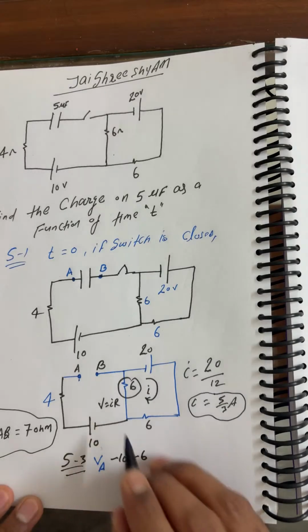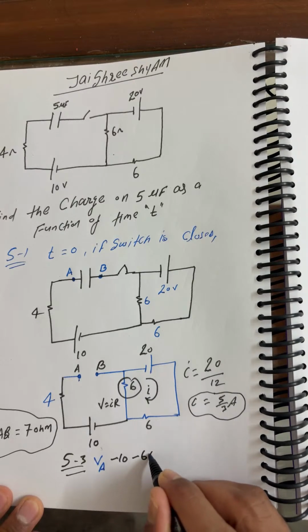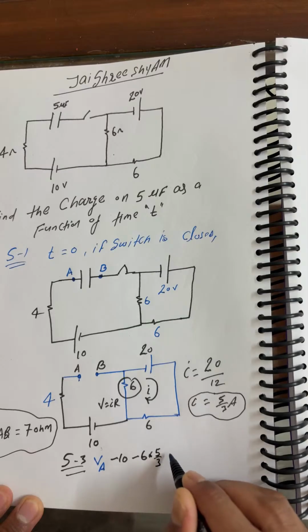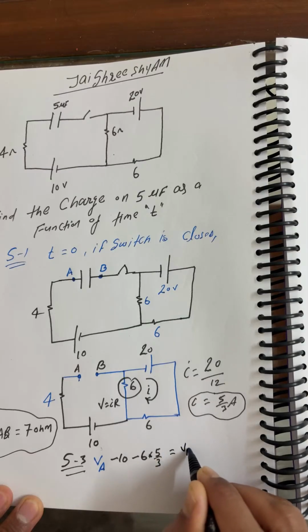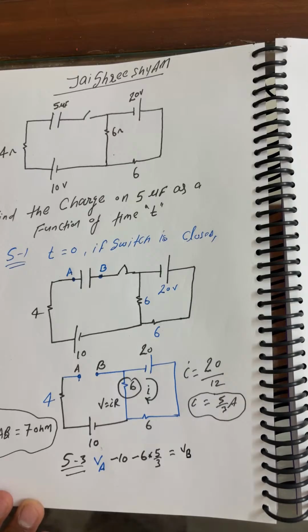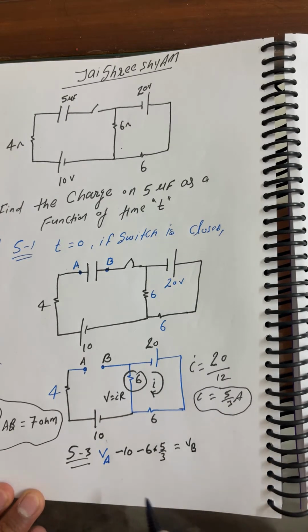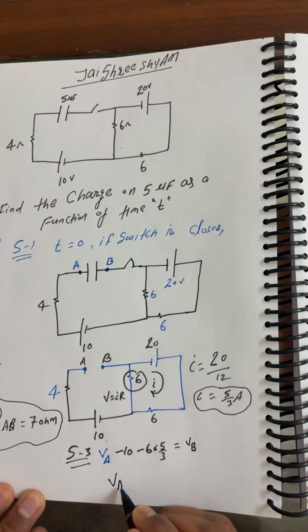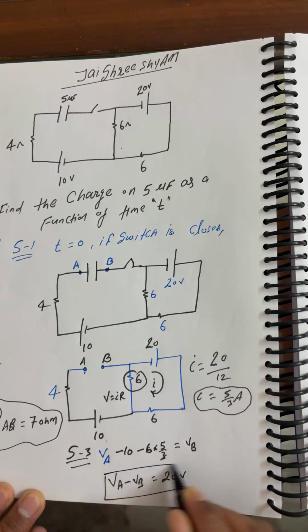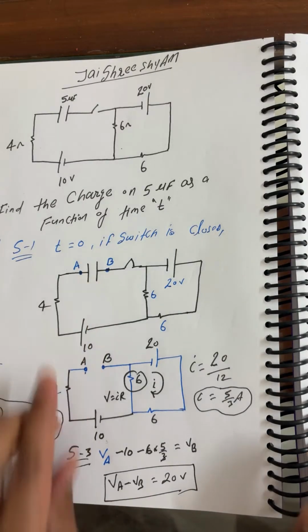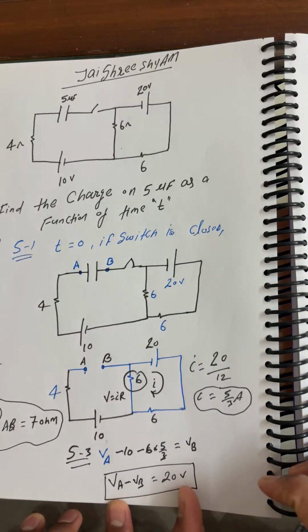Now I'll use V is equal to IR, so 6 into 5 by 3 is equal to VB. So finally VA minus VB is 20 volt. I got this potential difference across the capacitor, which is nothing but 20 volt.